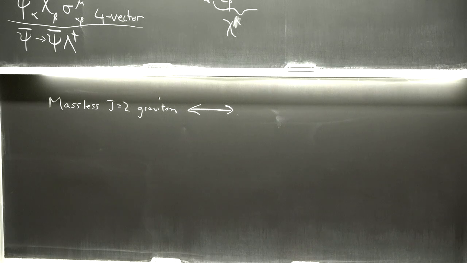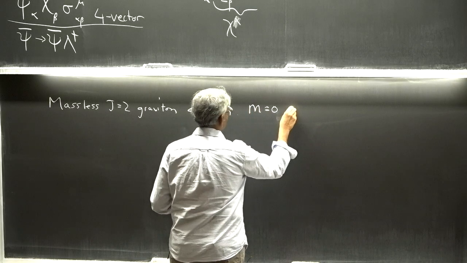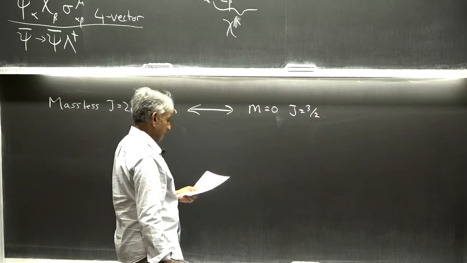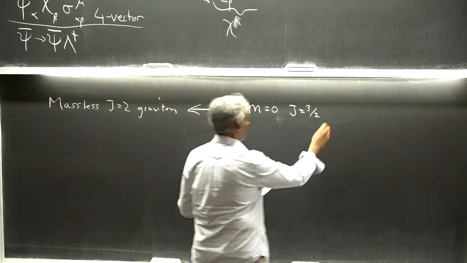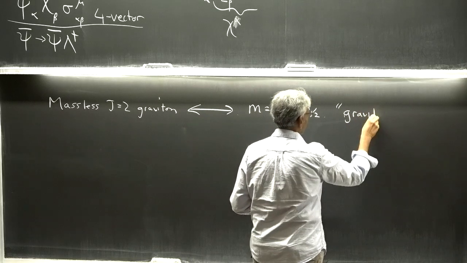But if I made it go up by 1/2, it would be 5/2 and massless, but we know that's not possible. So the only thing it could be is massless spin 3/2, which is actually the thing we were just talking about. So in fact, because it's a superpartner of the graviton, we call it the gravitino.